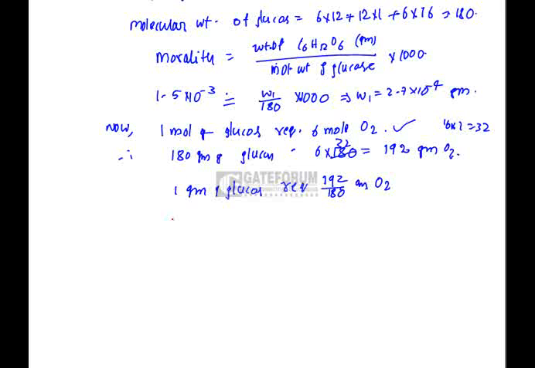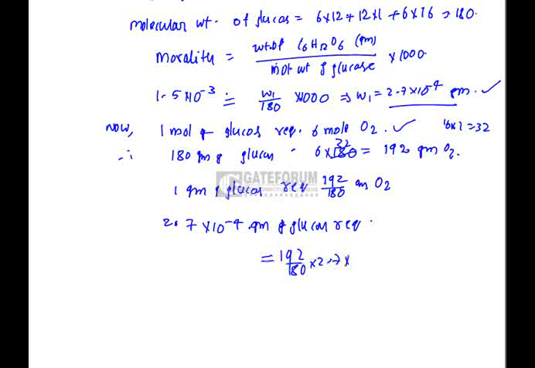So 2.7 into 10 to the power of minus 4 grams of glucose requires 192 by 180 into 2.7 into 10 to the power of minus 4 grams, that is equal to 2.88 into 10 to the power of minus 4 grams.